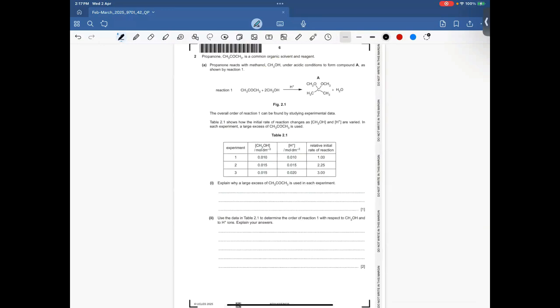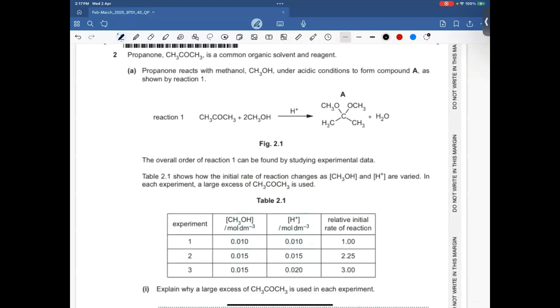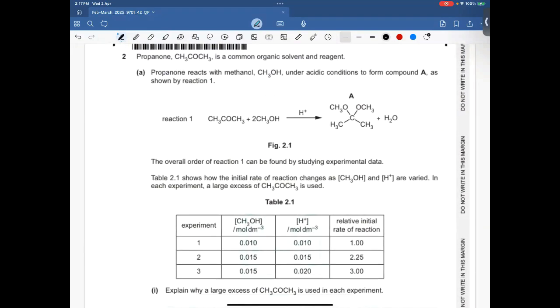All right. Let's move on to the next question. Propanone is a common organic solvent and reagent. Propanone reacts with methanol under acidic condition to form compound A, as shown by reaction 1.